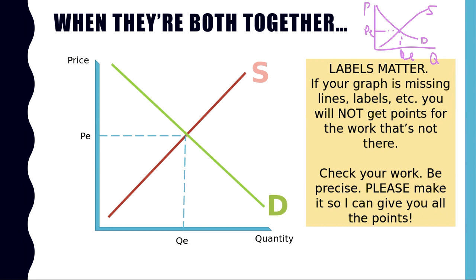The quickest way to lose points is if you turn me in a graph that's supposed to be supply and demand and it looks like that. I have no labels, I have no lines, I don't know what I'm looking at. In economics, that could represent one of 6 different graphs. So you want to make sure everything is labeled as you're going through things.